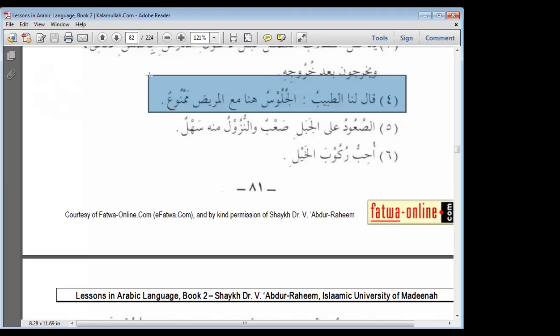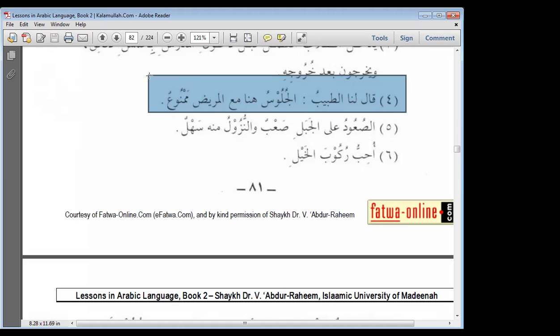So this next sentence, qala lana at-tabibu. The doctor said to us, al-julusu huna ma'a al-maridi mamnu'un.